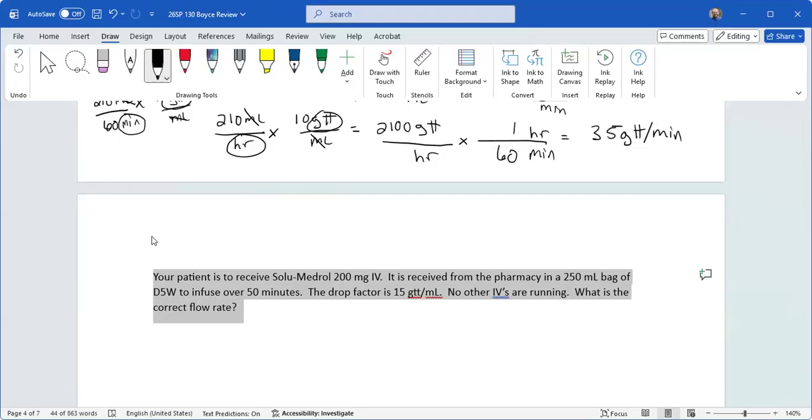Well, looks like I am unable to trick at least Alice and Hannah. Is anyone stuck? Is anyone not getting 75 drops per minute? All right. Just in case. Okay, good. Let me guess, you did something with that 200 milligrams.